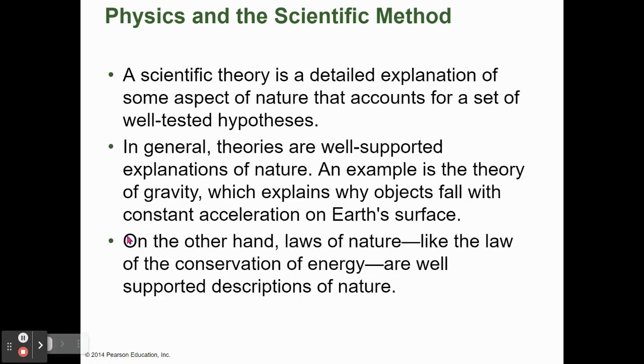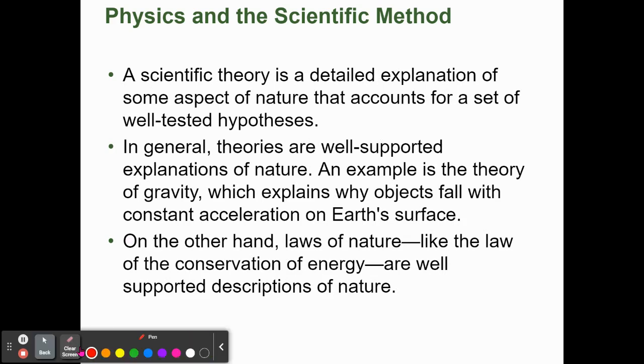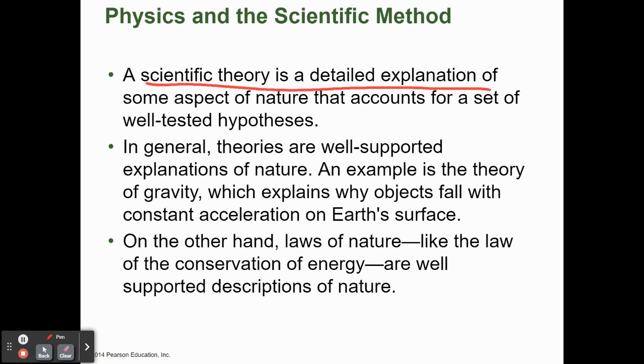Those are just examples. Another definition that we need to make sure we know is theory. A scientific theory is a detailed explanation of some aspects of nature that accounts for a set of well-tested hypotheses. So after we have our hypotheses and we have done experiments on it and our experiments have verified that hypothesis over and over and over again, then we can say that that is a scientific theory.